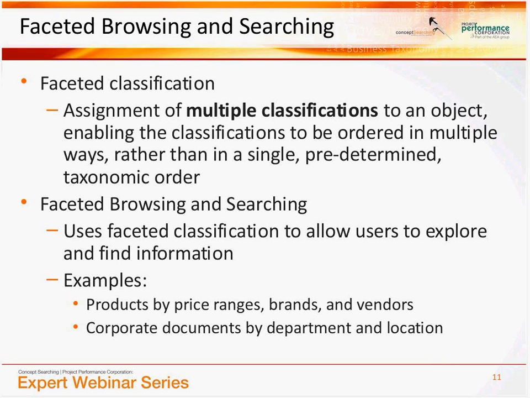So a facet at its basic level is the classification of an object. And when we have faceted classification, it's multiple classifications. A good example is if you go to your public library and you are looking for a book either by its subject, by its author, or by its genre.